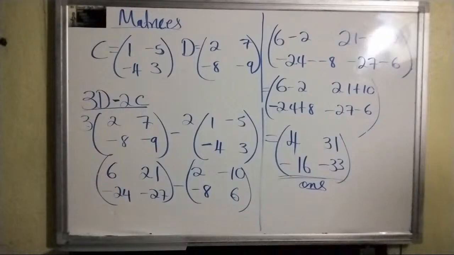So that is correct. Oh, she got 30. Oh, she got 30. Lord. Zoom got the right answer. 4, 31, negative 16, negative 33. Oh, she had changed it. She had changed it. Alright, alright.